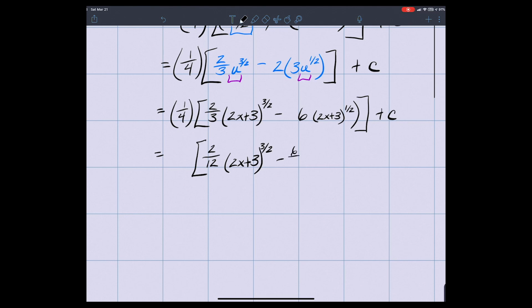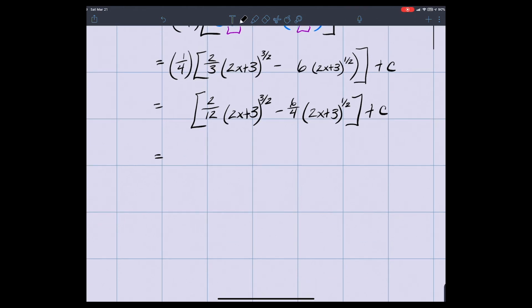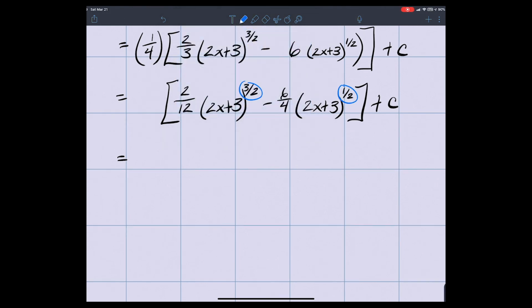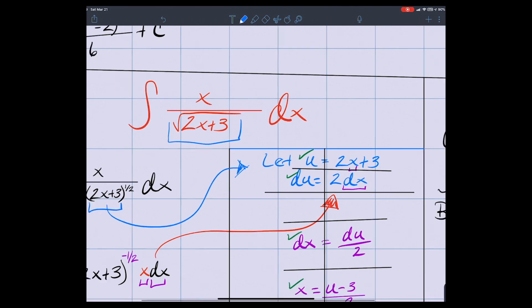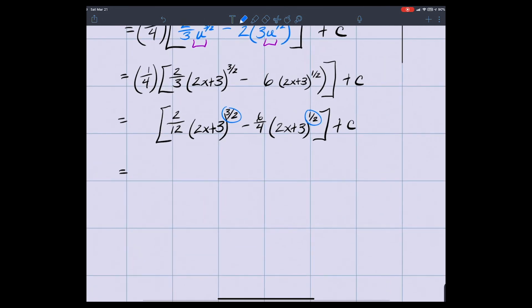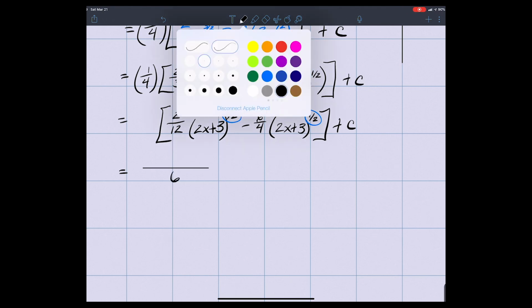So it's going to be 6/4 to the 1/2 plus c. And now I can start to rewrite this. So it's only polite, like I said, to give a root back. And so that's what we're going to do. We're going to reduce this. This is going to be 1/6. And we're going to bring this to the front.